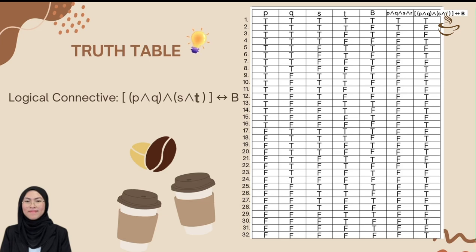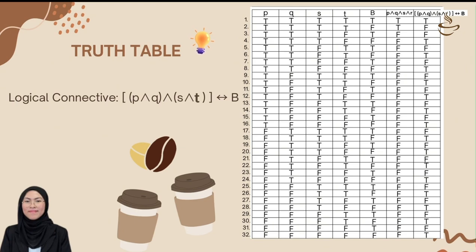If P is true, Q is true, S is true, and T is true, then the statement will be true. Then the result will be true. Otherwise, the statement will be false.